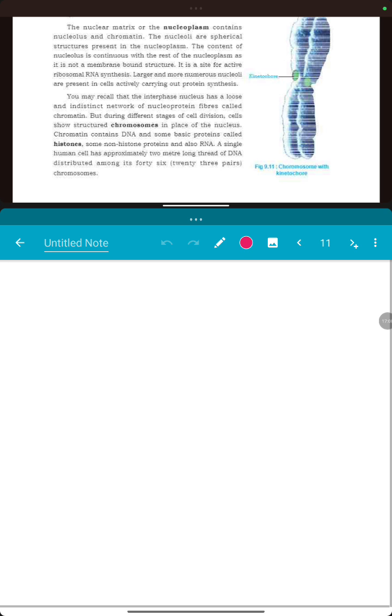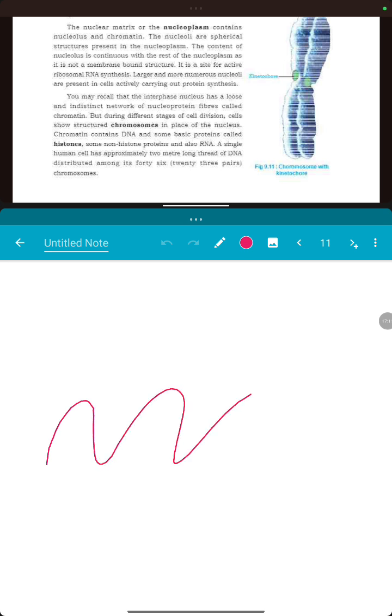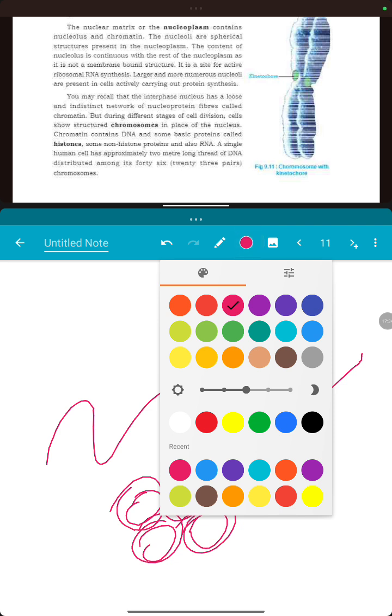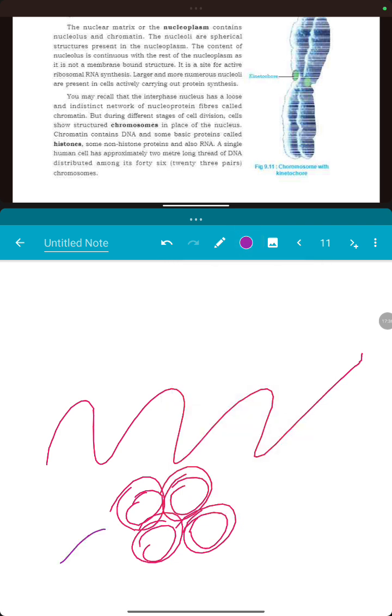Chromatin. So in interphase, when the cell is not dividing, the DNA is loosely packed on a network of nucleoprotein fibers called chromatin. These are histone proteins, 4 pairs of histone proteins, and DNA wraps around these proteins.